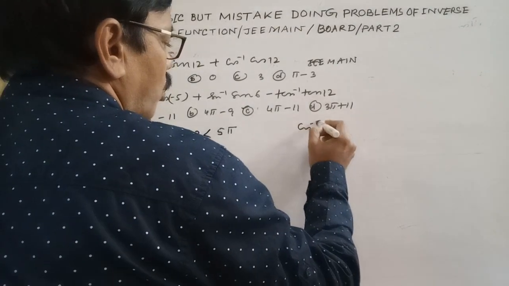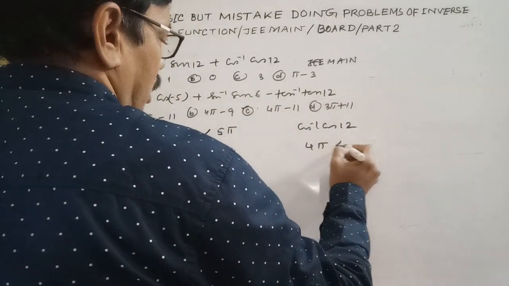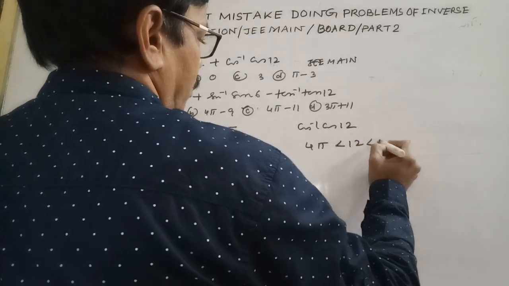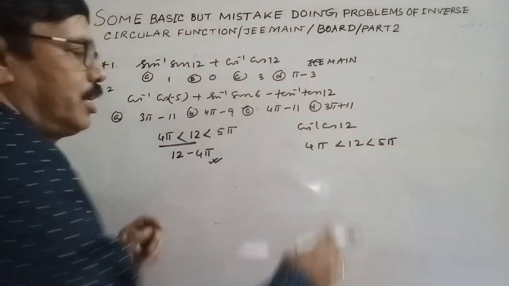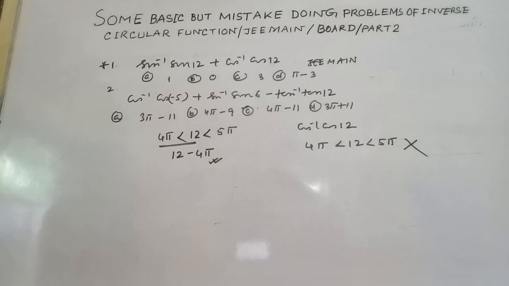And in case of cos inverse cos 12, same procedure. 4 pi is less than 12, which is less than 5 pi. So if it is an odd multiple, cancel this one.